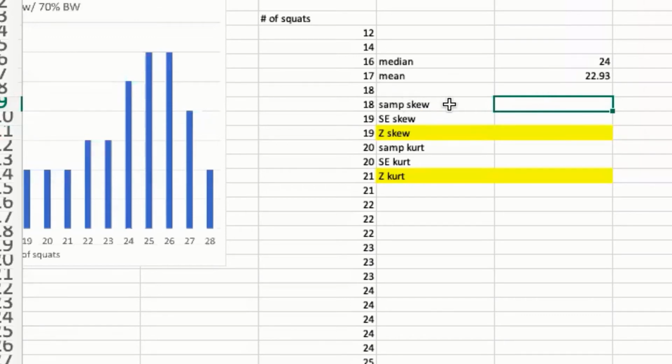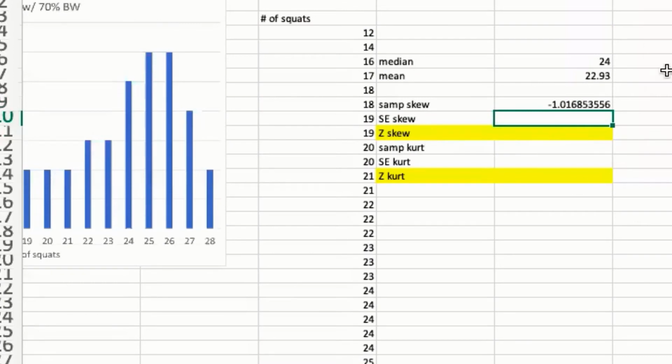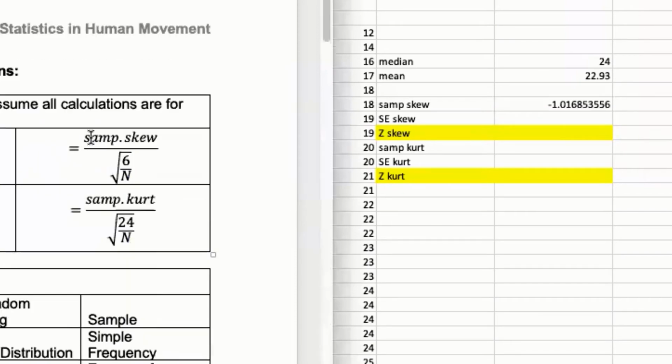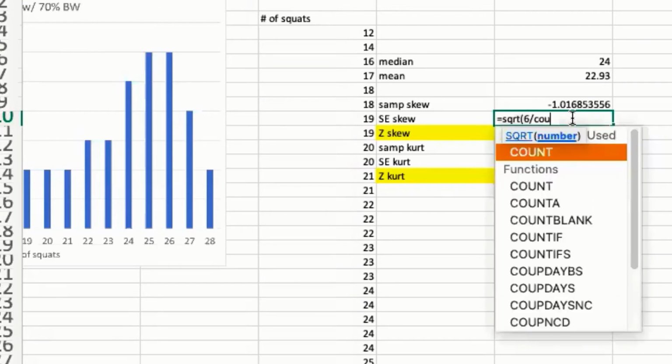For sample skewness, the function in Excel is just equals skew, and then we input our range of data. For standard error, I give you this equation in your equation box. It should make sense because sample skew divided by standard error of skew and curt give it away. This would be equals the square root of 6 divided by n, the total number of values we have in our sample.